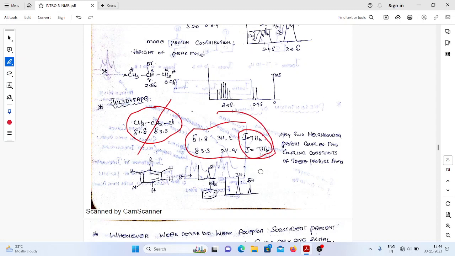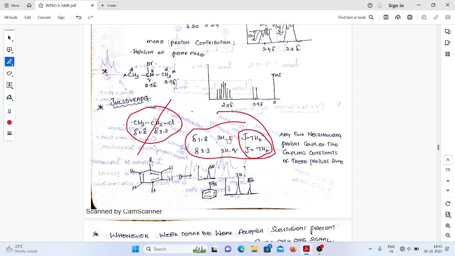J equal to same 7. If the J value is same, that indicates these protons are adjacent to each other. Simply remember like this: whenever the J value is same, the corresponding protons are adjacent to each other.